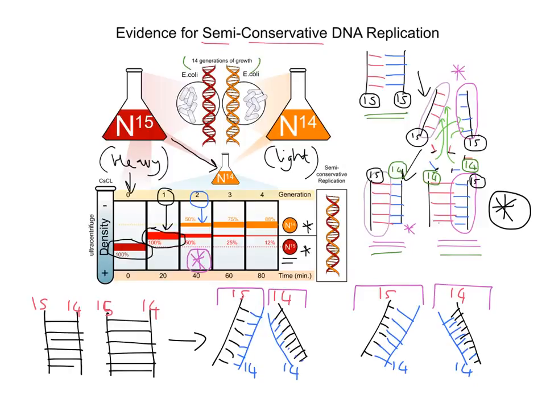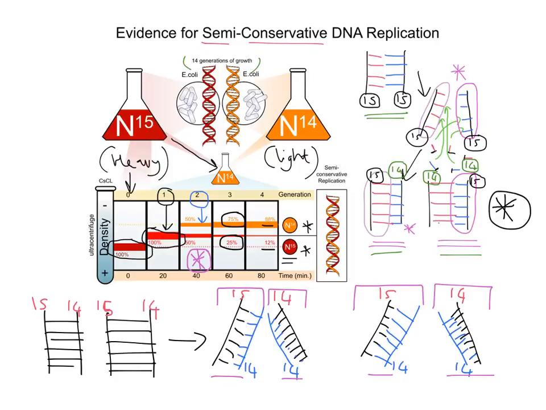And then they continued. So you can imagine if we were to split this one and then this one and this one and then this one, I don't have room to show all those diagrams, but if we split them all, we then get a proportion of 75% N14 and 25% mix, and then that gets reduced the more we do that. And all of this essentially provides evidence for semi-conservative DNA replication.